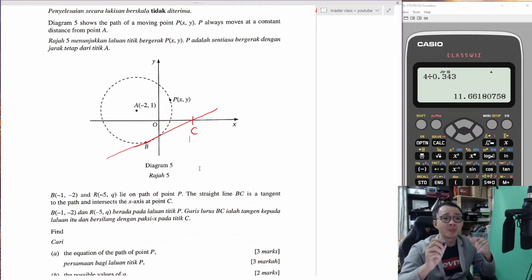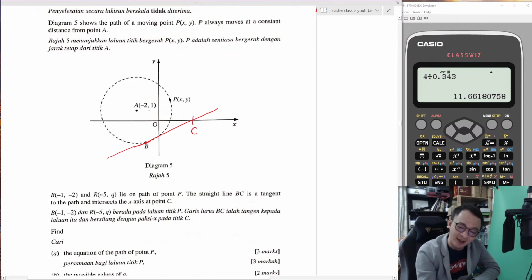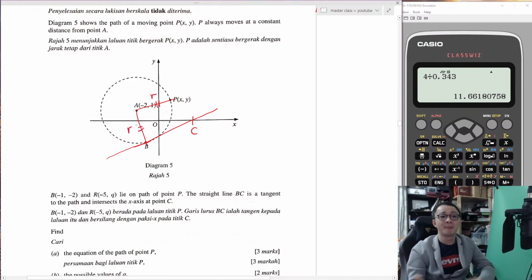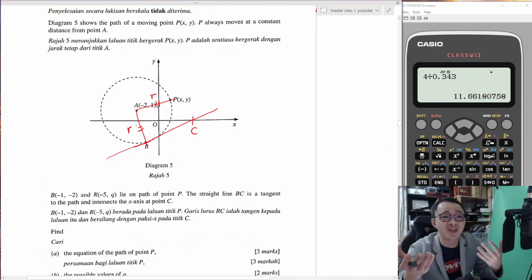Do you agree the distance AP is the same as the distance AB, because both are the radius? Why do I choose AB and not AR?